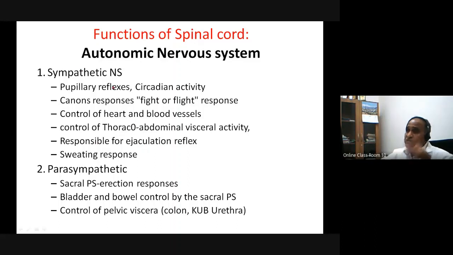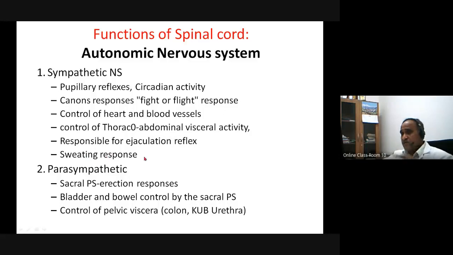So if the sympathetic is paralyzed, if you block the sympathetic, there may be a problem in the ejaculation. He may have the erection. Erection is another response here, which is a parasympathetic activity. So this ejaculation is the contraction of the seminal vesicle and the vas deferens, which is mediated by the sympathetic nervous system.